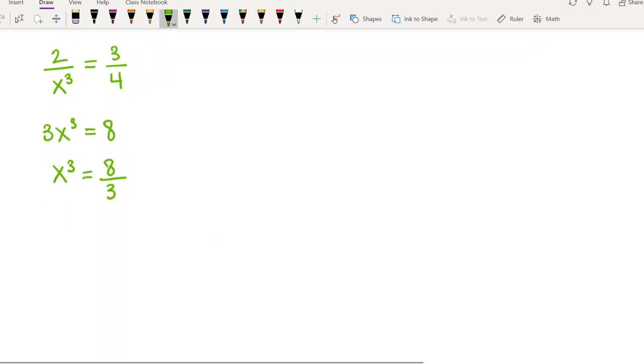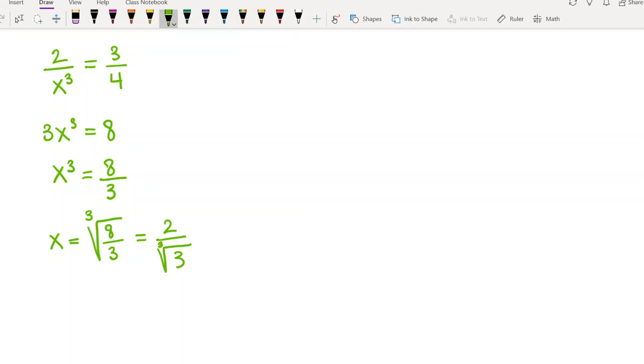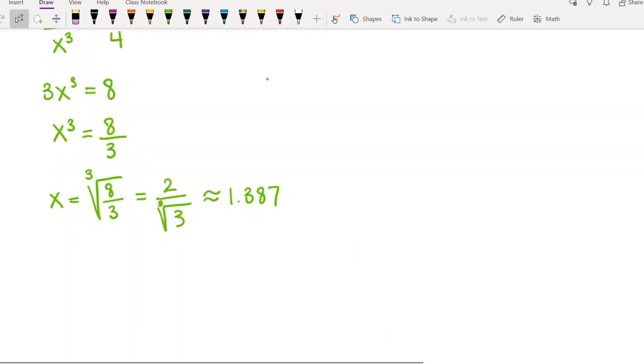And so last step we can do is take the cube root of both sides, and we get that x is equal to the cube root of 8 over 3. If you take the cube root of 8, that's 2. So we have 2 over the cube root of 3. And if you type that into a calculator, that is approximately 1.387. And so that tells us that our number C is equal to 2 over the cube root of 3.